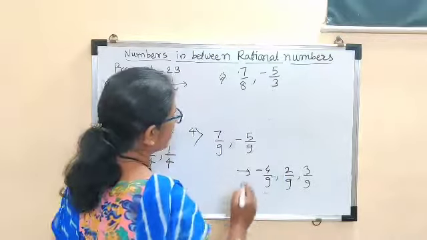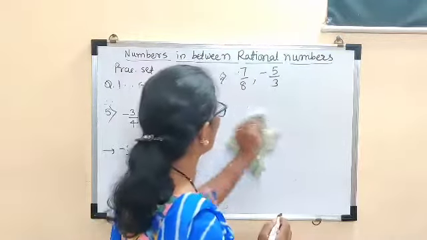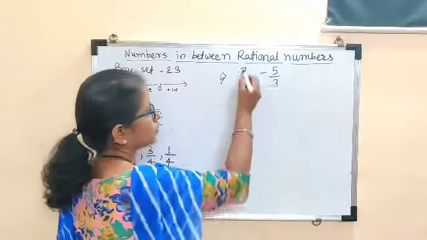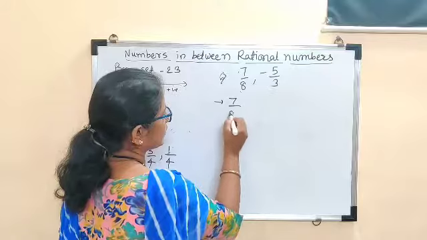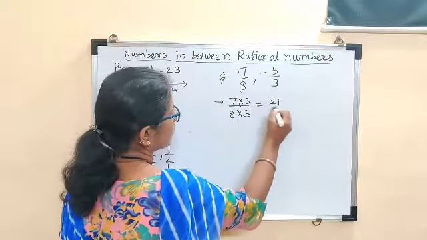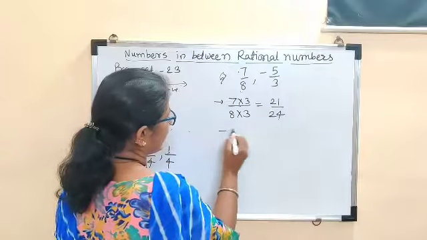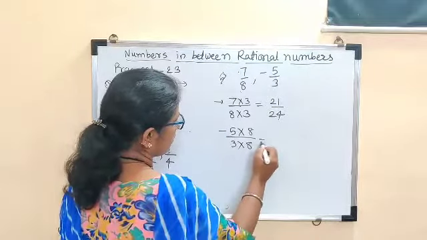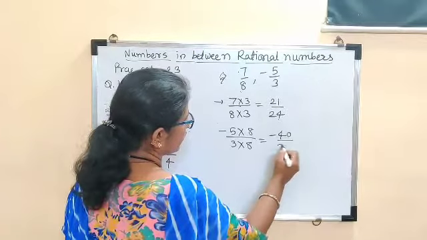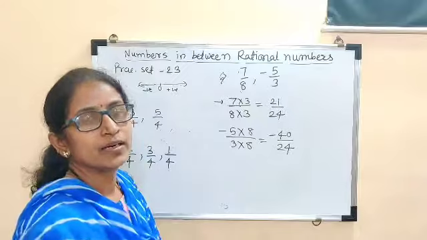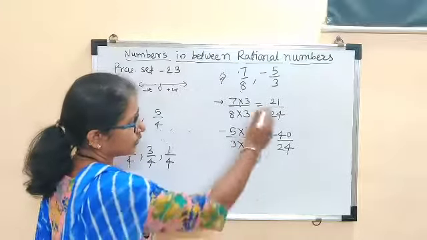The first step is to make the denominators equal. 8 3s are 24, 3 8s are 24. So first multiply 7 upon 8 by 3. 7 3s are 21, over 24. And now 5 into 8 and 3 into 8: minus 40 upon 24. Here also there are many rational numbers in between these two.